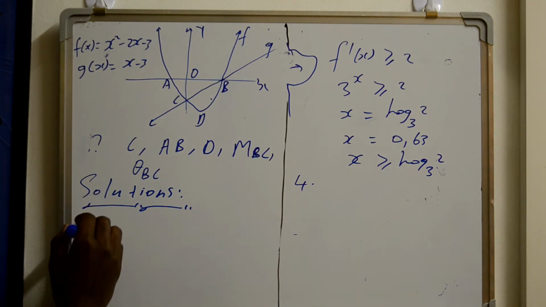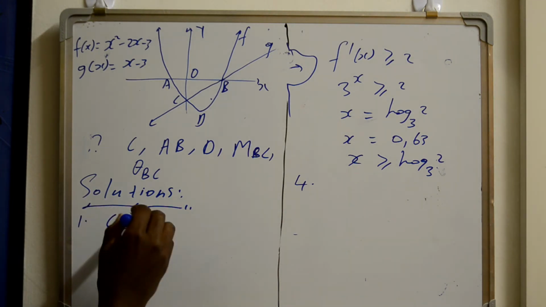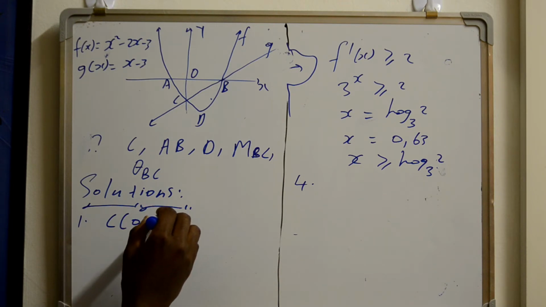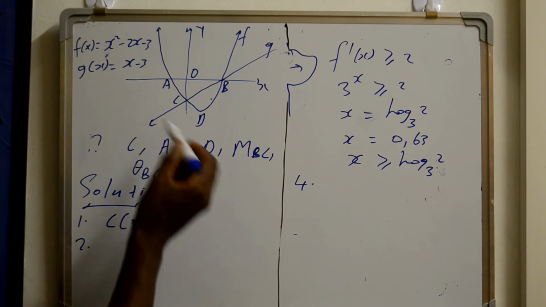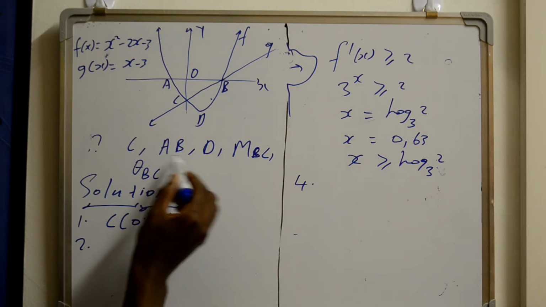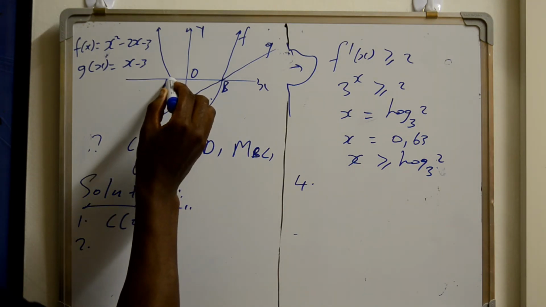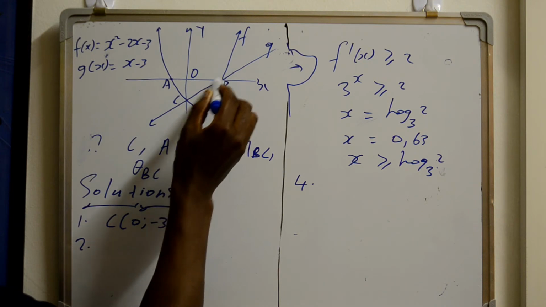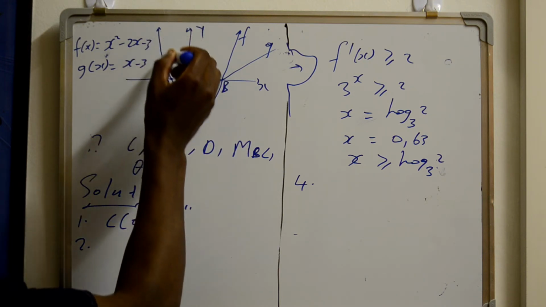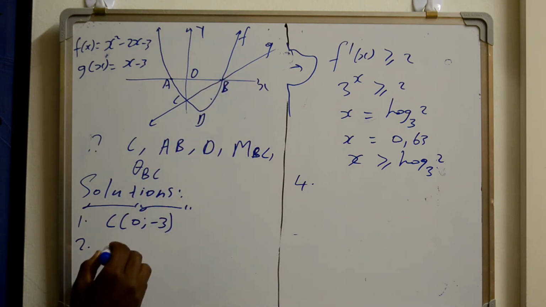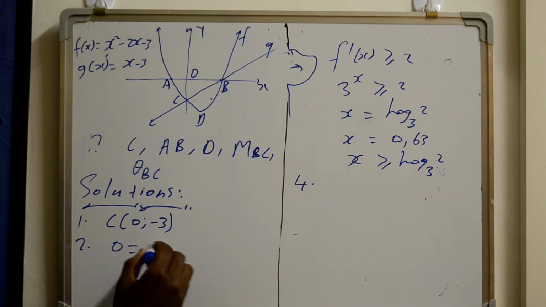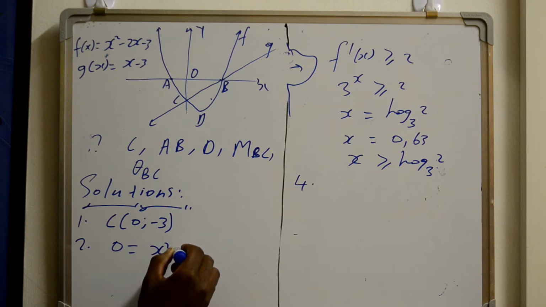So number 1, the coordinates of C is 0, -3. It's your y-intercept. Number 2, we are asked to find the length of AB. A and B are the x-intercepts of the graph. This graph cuts the x-axis at point A and point B. So that simply means your y is 0 at those points.